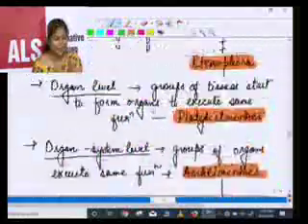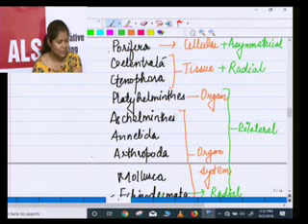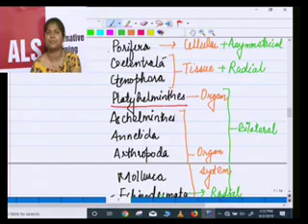So if you go back and see the particular slide, the 7th slide, you will be able to see that organs have started to form from platyhelminthes onwards.